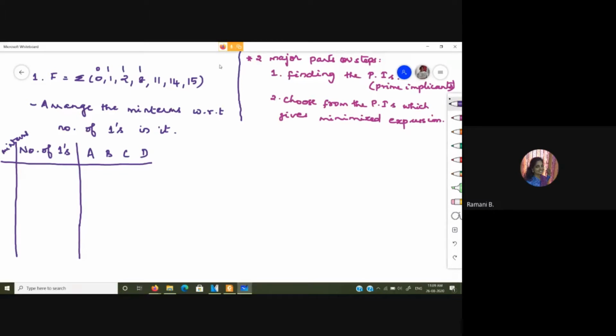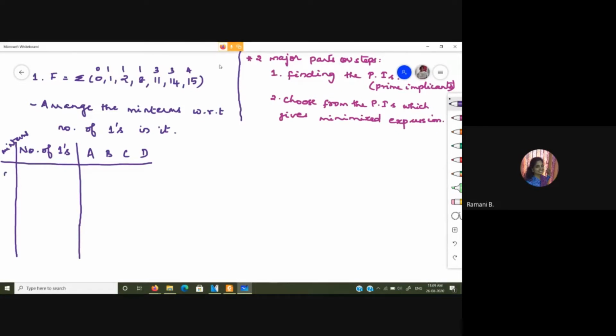Next, 11 is 1 0 1 1, so 3 ones. 14 also has 3 ones, 1 1 1 0, and 15 has 4 ones. So these are the categories we have. Let us group based on this.